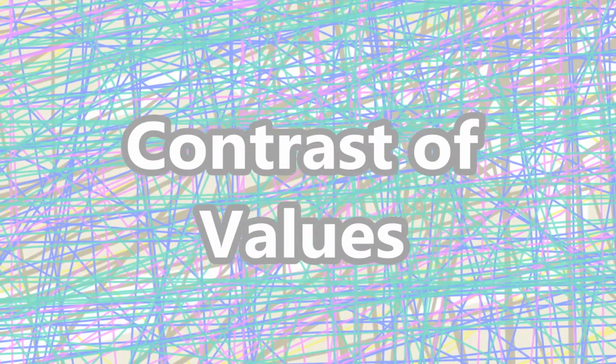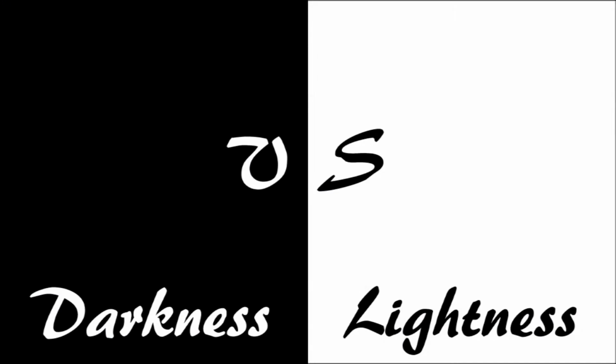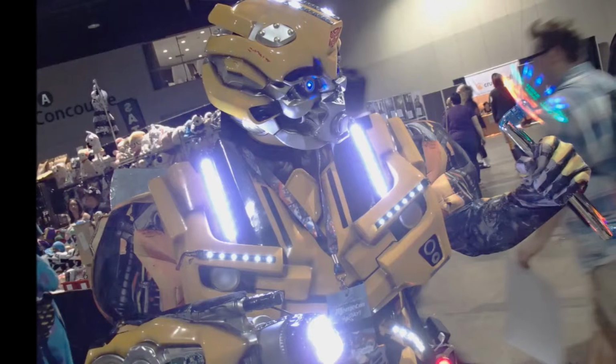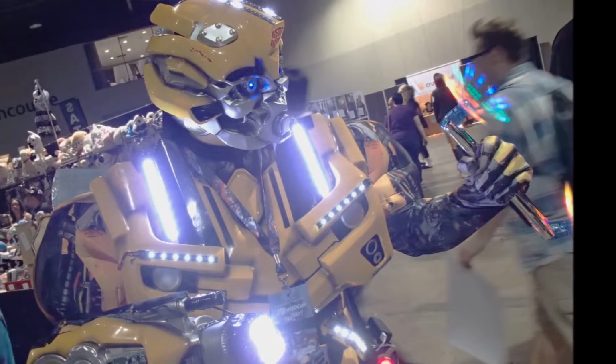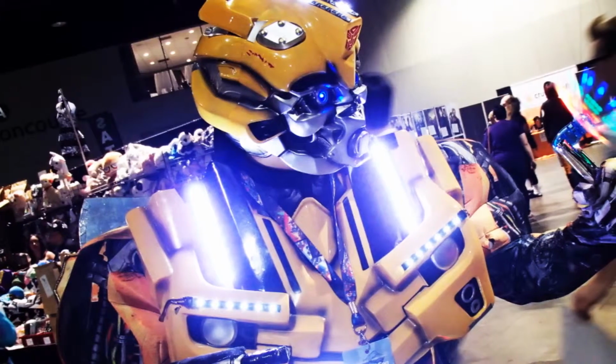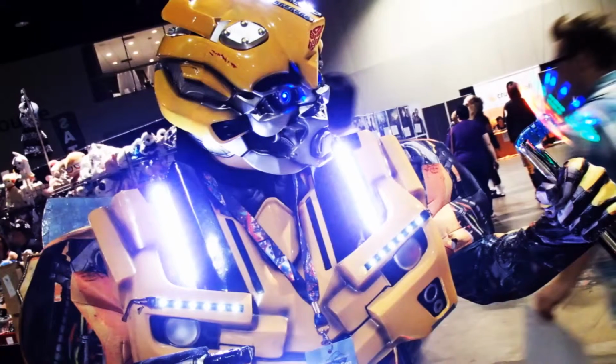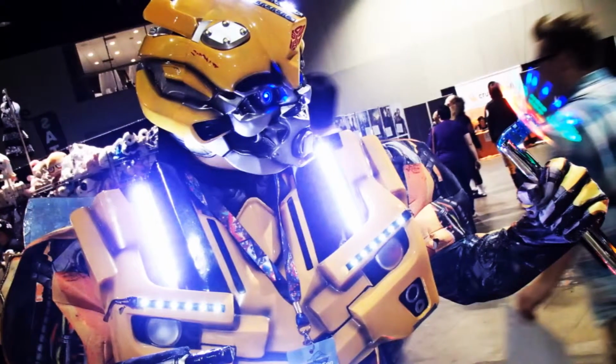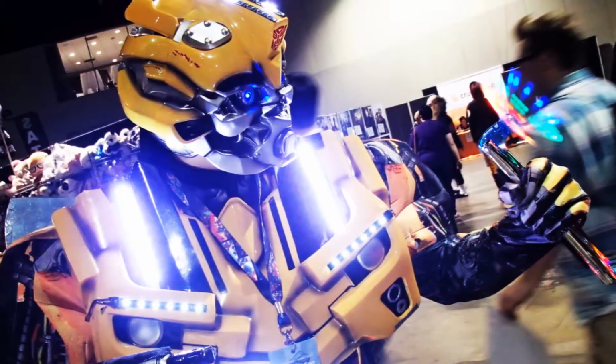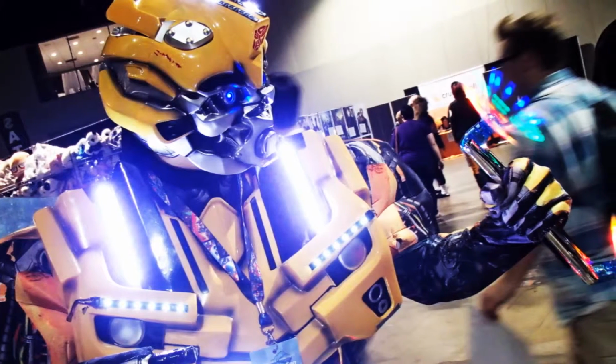Okay, the next one is contrast of values. And values, if you remember, is the darkness or the lightness of something. So low contrast means there's not very much difference in the darkness and lightness. High contrast means there's a lot of lights compared to the darks in the picture, if you weren't aware of what that meant.